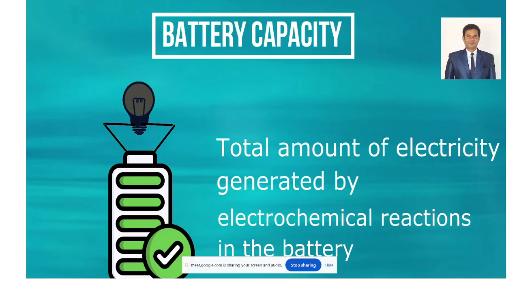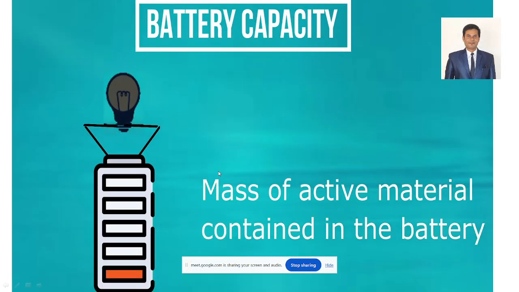Electrical energy is converted to chemical energy, and chemical energy is again converted back to electrical energy. So the total amount of energy that can be generated by the chemical reactions defines the battery capacity. There are massive active materials contained in the batteries. Based on the types of materials you use inside the batteries, the battery capacity can be rated.